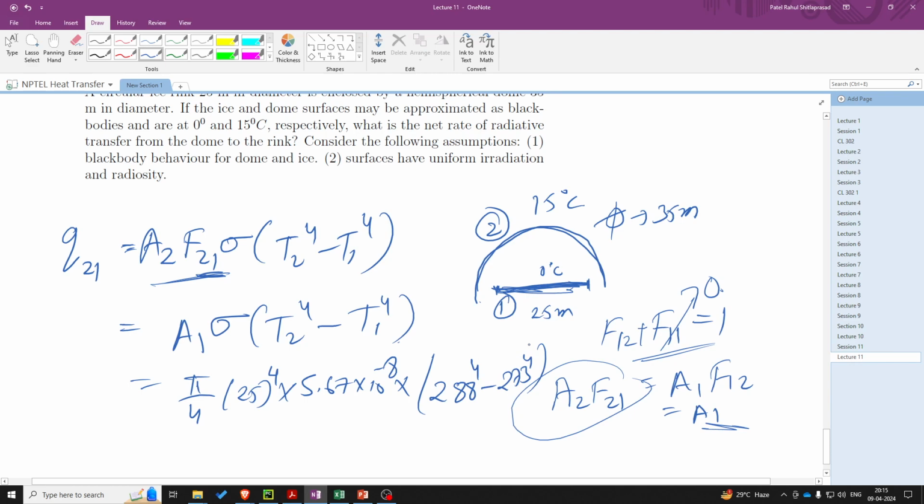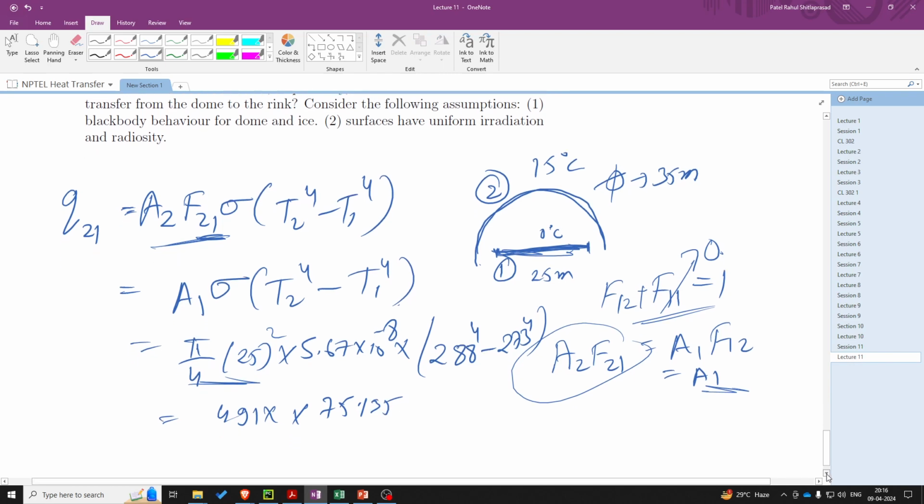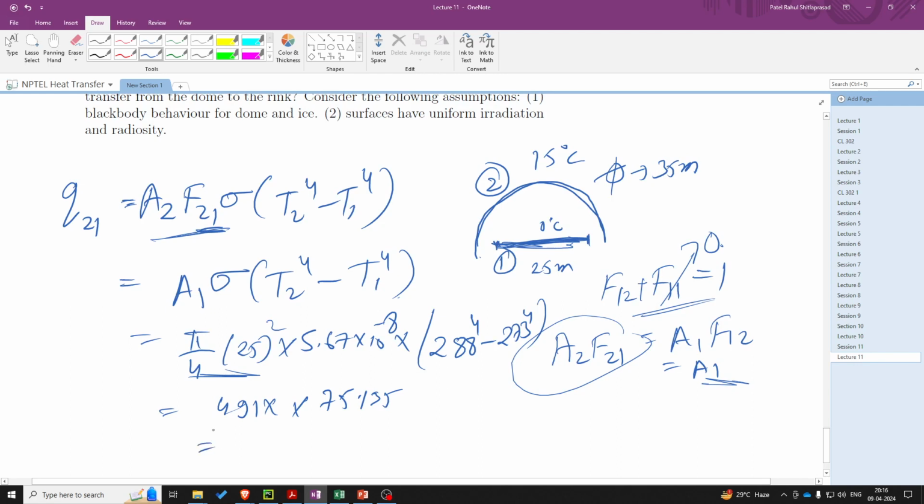So you can calculate this. So this will come around 491 into this, which is equal to 3.6981.